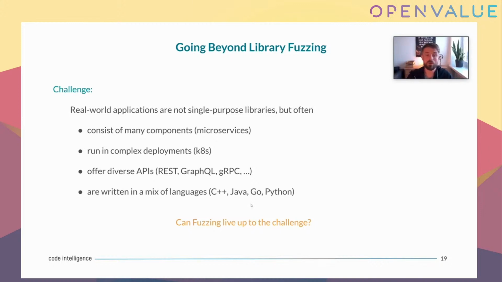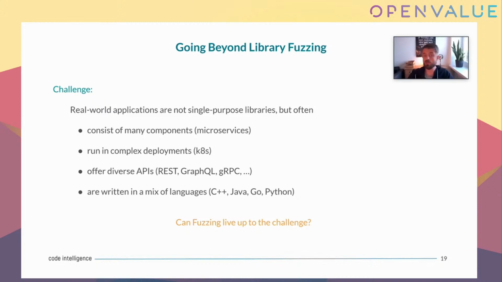It might consist of many components. You might have different microservices, and it could run in complex deployments. You might be running it inside Kubernetes, and you could use something like gRPC, REST, GraphQL, and so on.